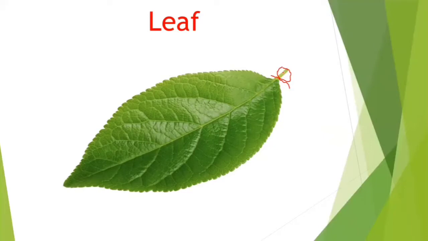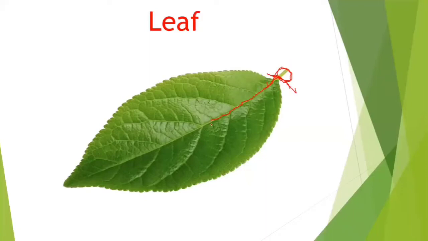Means there is a stem, and this part of the stem which connects the leaf to the stem is called the petiole, which goes into the leaf and becomes the midrib. First it was the petiole, out of the leaf, but as soon as it goes into this part, in the leaf, it becomes the midrib.